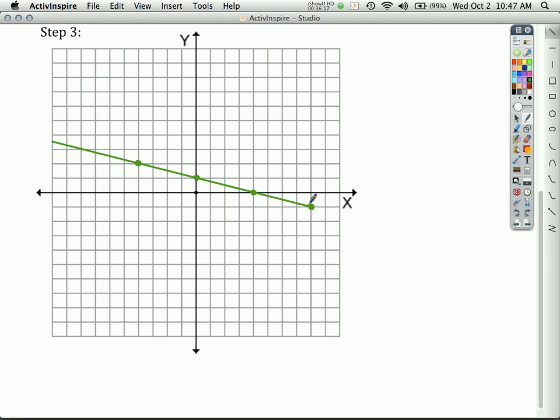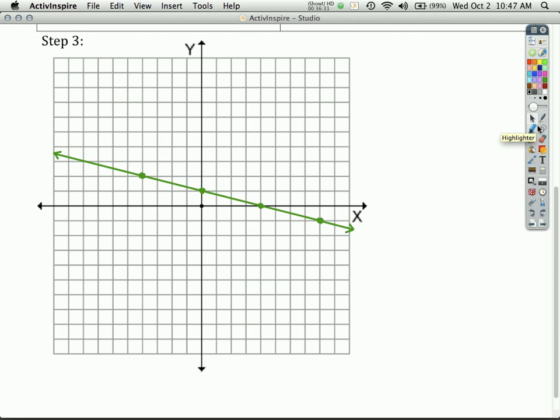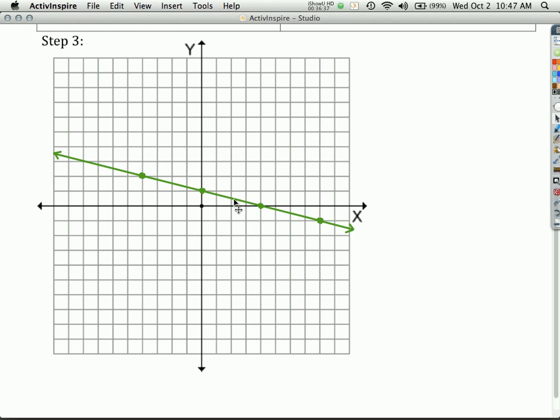And you want it to go all the way across your grid. There is an arrow on either end of the line, and that represents that the line goes on forever and ever. You must have your line go through the entire grid and through both axes, the X and Y axis.